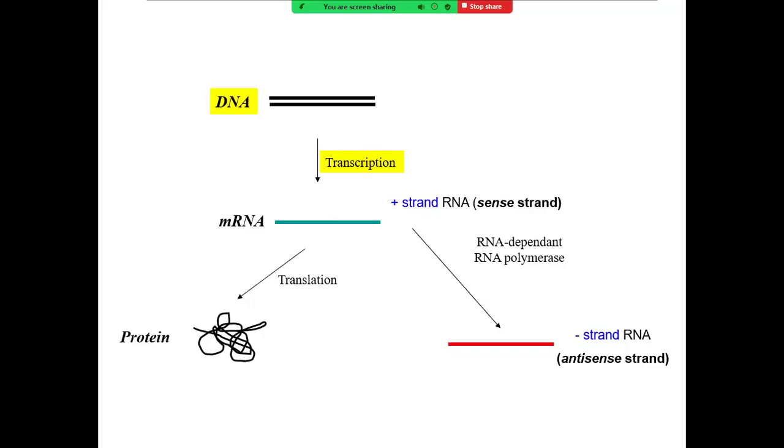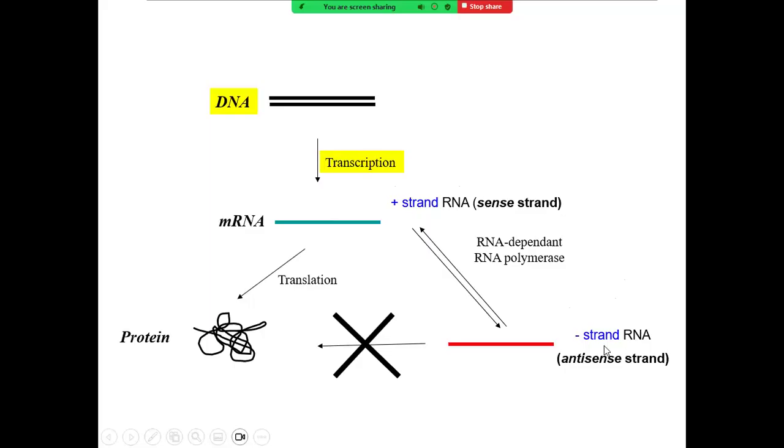If we have a negative strand RNA genome, how it gets replicated is it makes the positive strand RNA and then uses the positive strand as a template to make more of the negative strand, or the genomic strand of the virus.